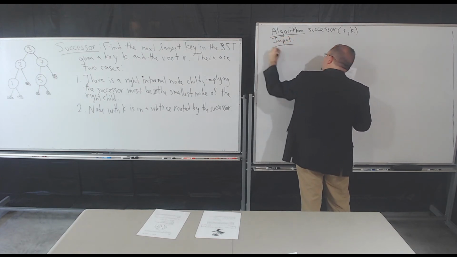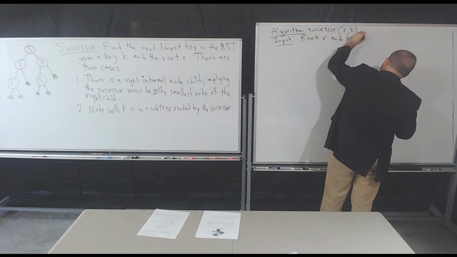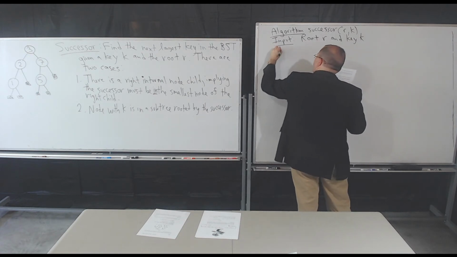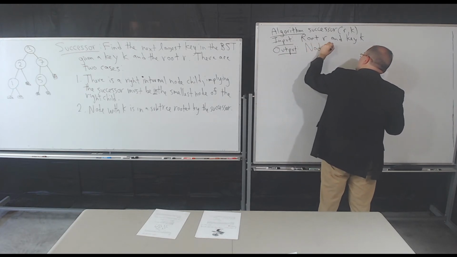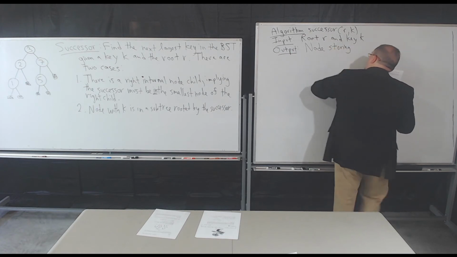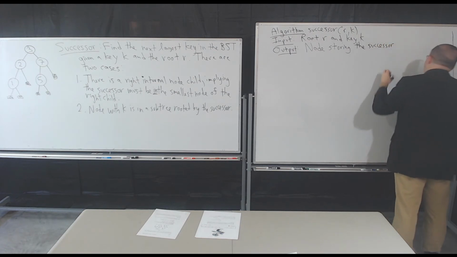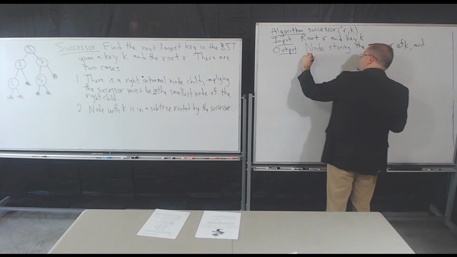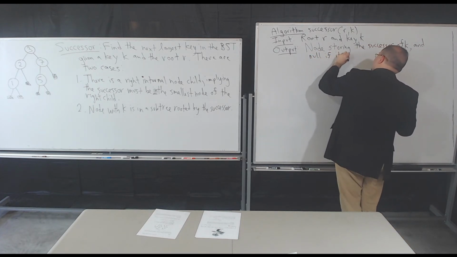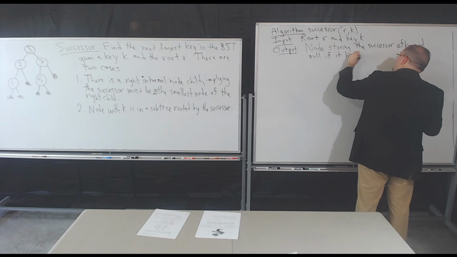So input is going to be the root R and key K. Output, we're going to give back the node storing the successor of K, and null if it has no successor.